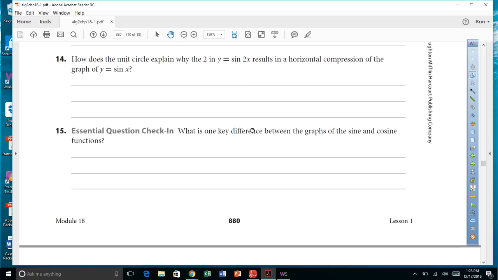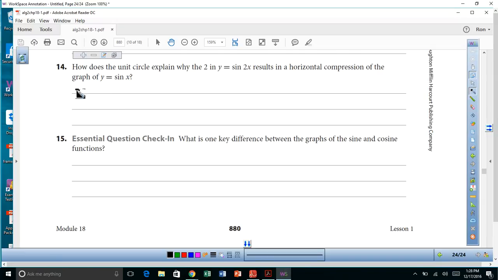How does the unit circle explain why the 2 in sine 2x results in a horizontal compression of the graph of y equals sine x?